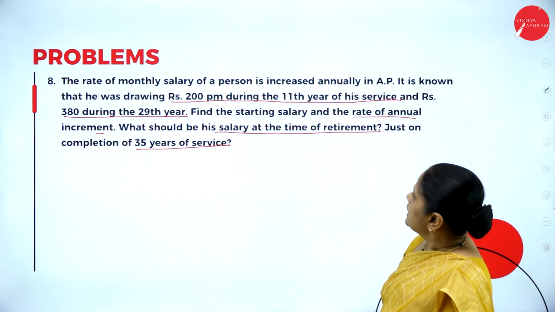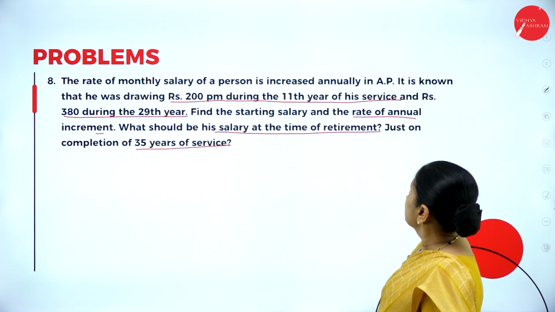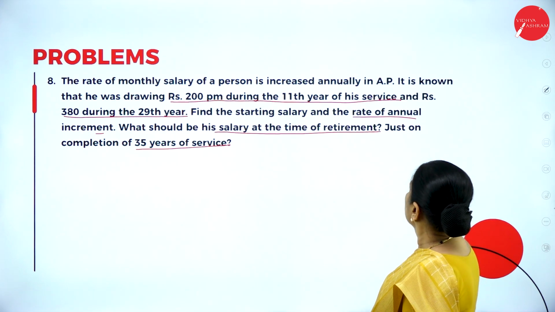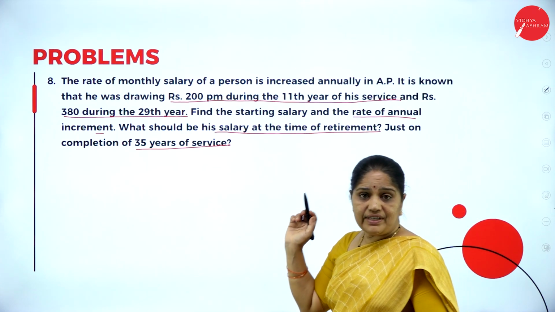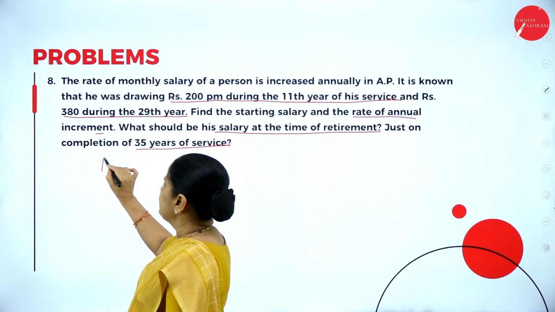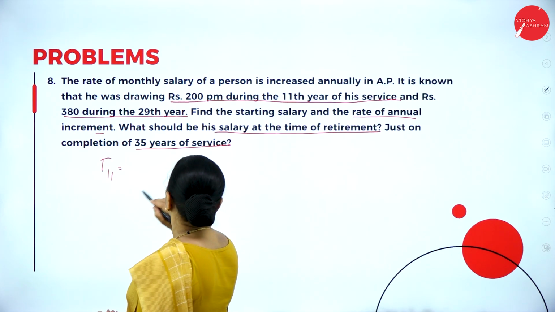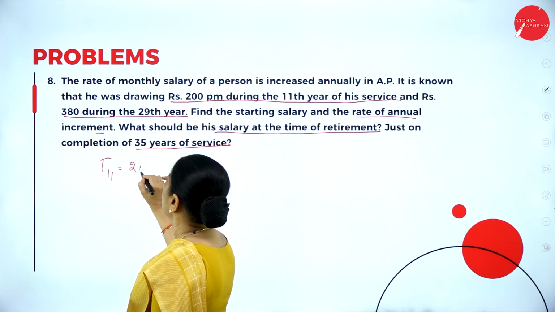So, the rate of monthly salary of a person is increased annually, and it is known that he was drawing rupees 200 per month during the 11th year. So the 11th year means T11 equals 200.